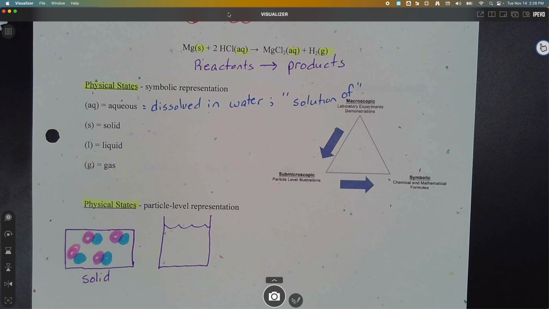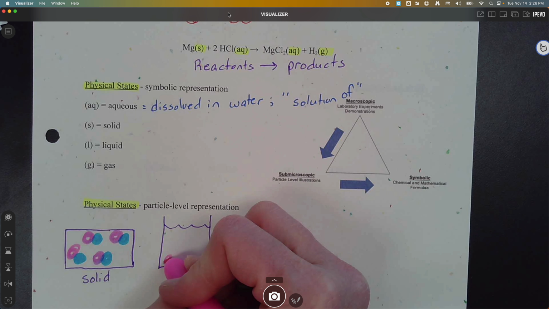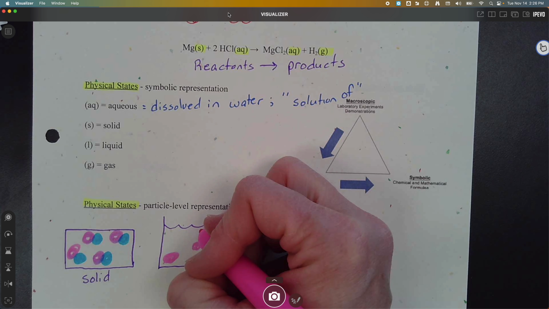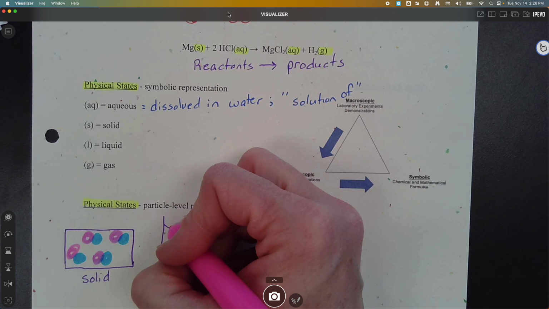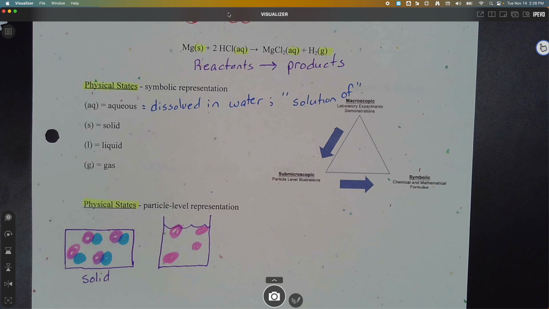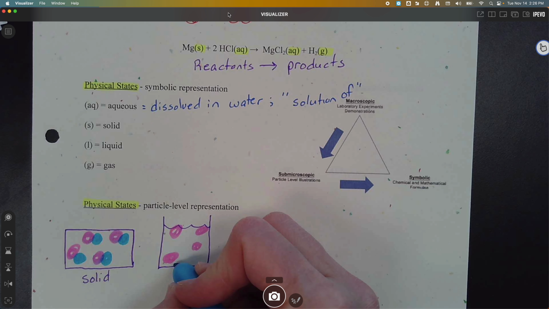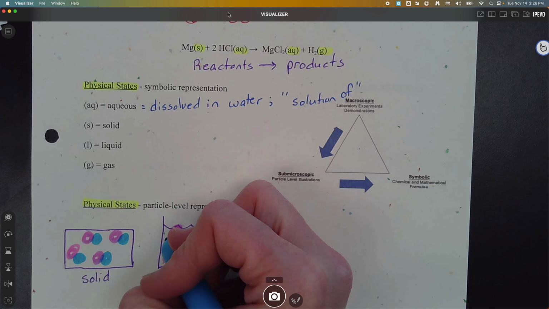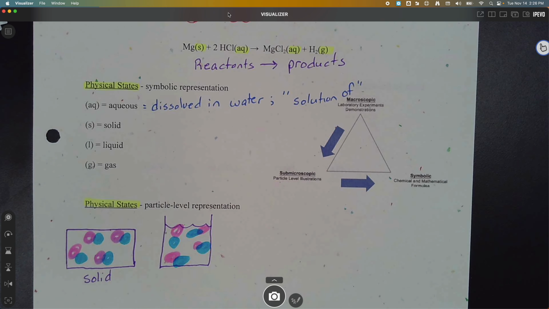We've learned to use the Pictionary representation of these little waves to show us that we've got some kind of a liquid in our container. And liquids are a little less structured than solids, so we might draw pink blue with a little less organization to it. Okay. So there's kind of a more chaotic version of pink blue.